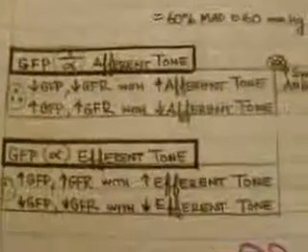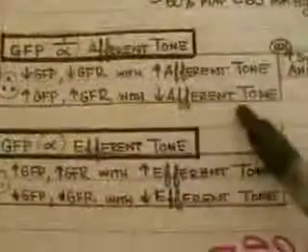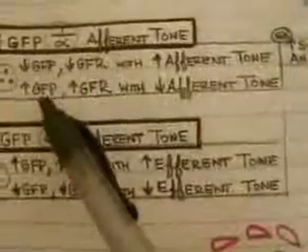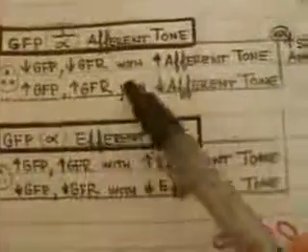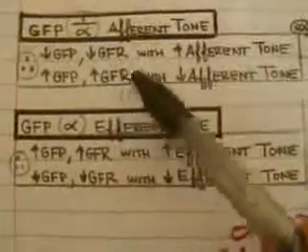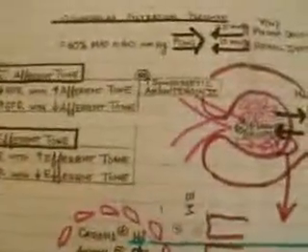And on the contrary, if you had a decrease in afferent arterial tone, this would increase your glomerular filtration pressure and therefore increase your GFR.